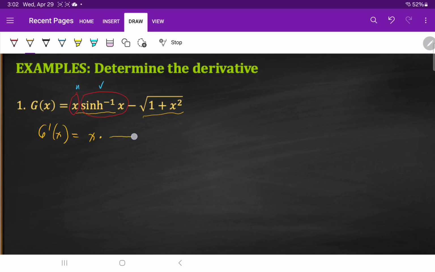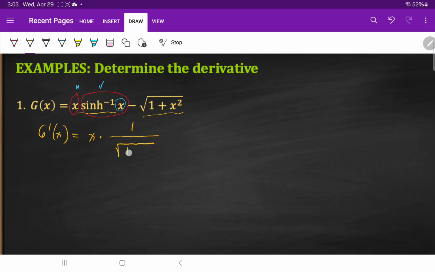And then what's the derivative of inverse hyperbolic sine? That's du dx, where u is x, and the derivative of x is 1. So it's 1 over the square root of what? Because for the inverse hyperbolic sine, it's du dx over the square root of 1 plus u squared.